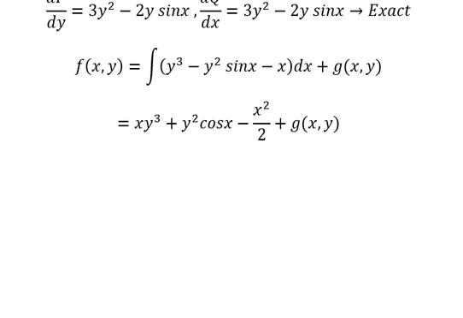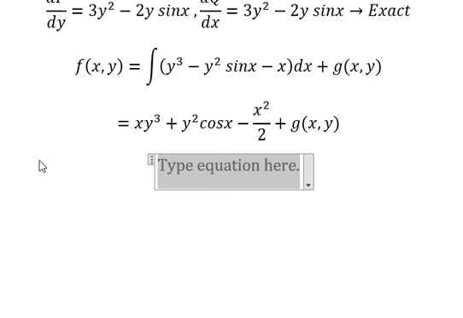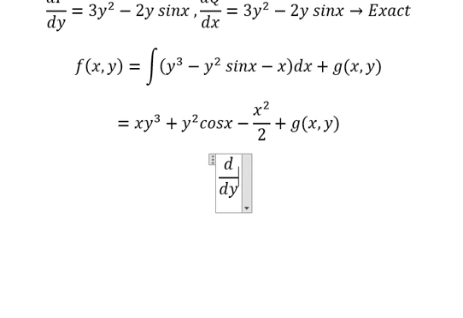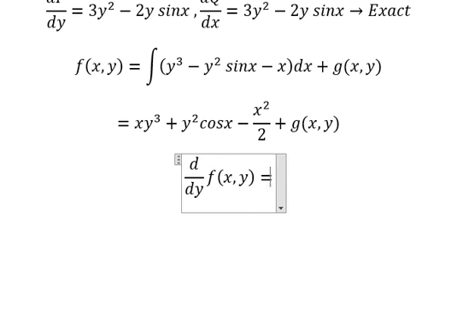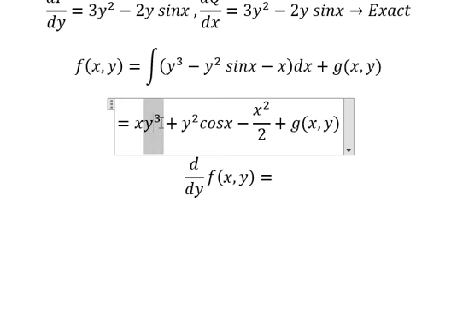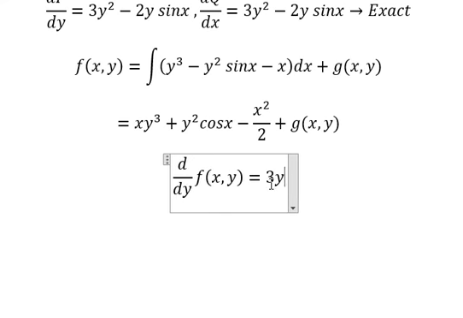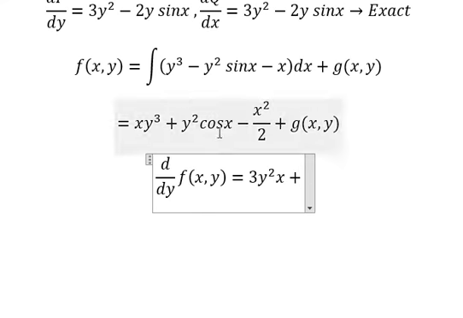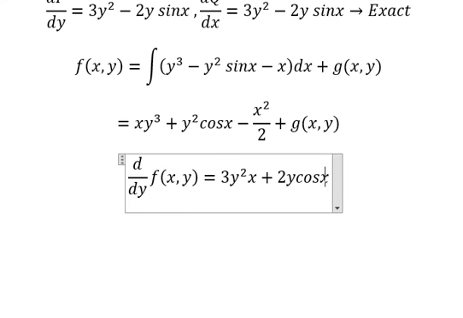Next, we need to do first the derivative of the function f with respect to y. So this one we have y to the power of 3, so we have 3y squared x. The next one, that's 2y.